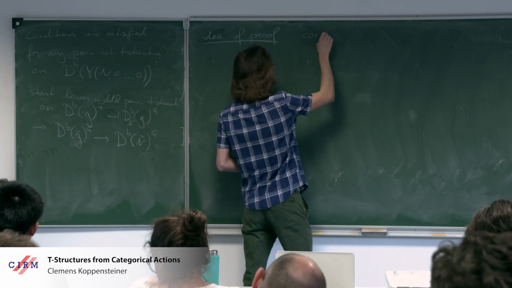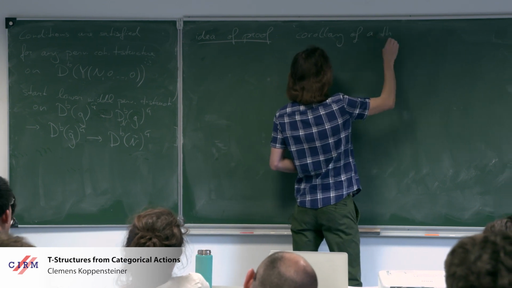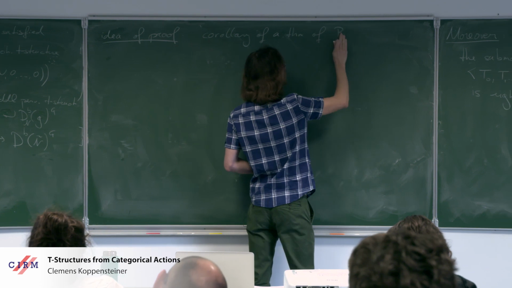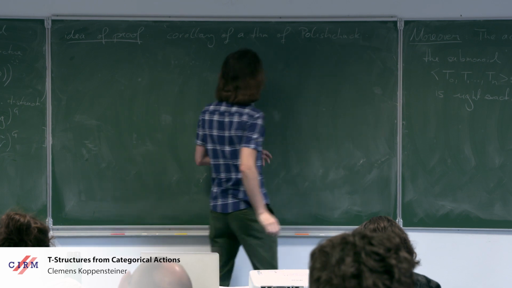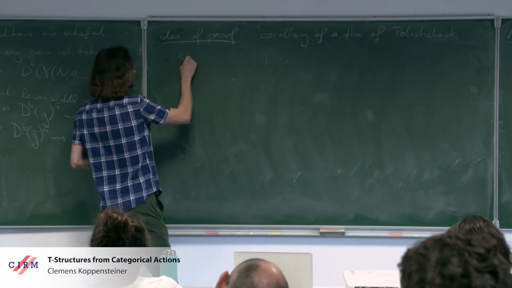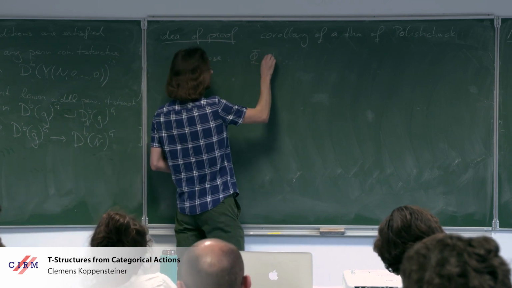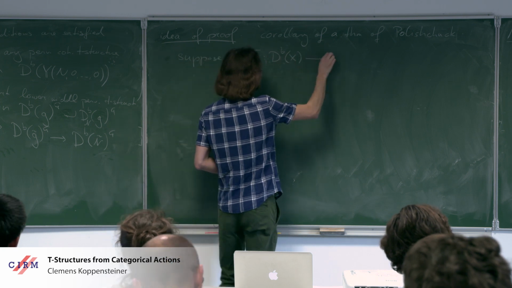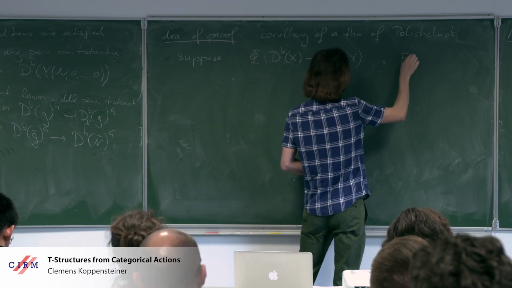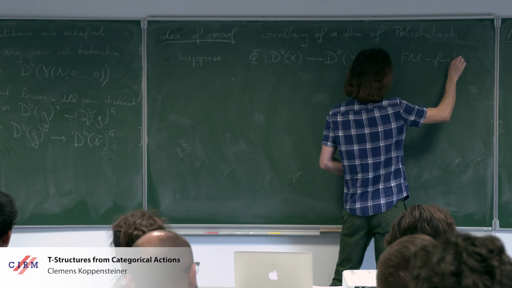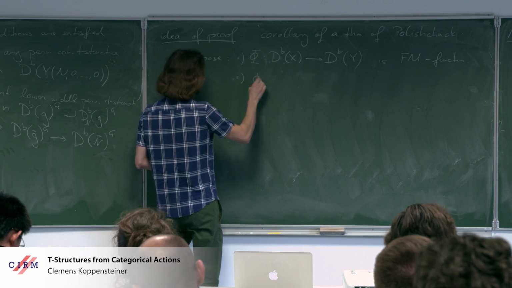Essentially, it's a corollary of a theorem of Polishchuk. And that goes like this. Suppose phi from dB of x to dB of y is some Fourier functor. Suppose phi is conservative.